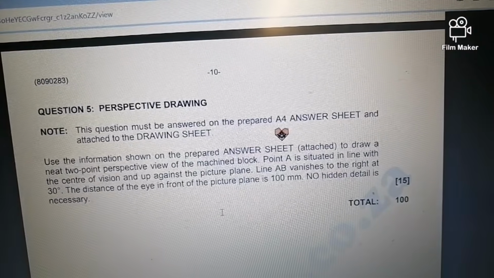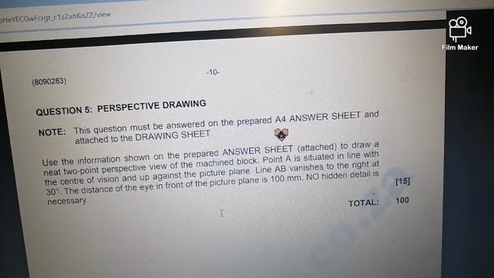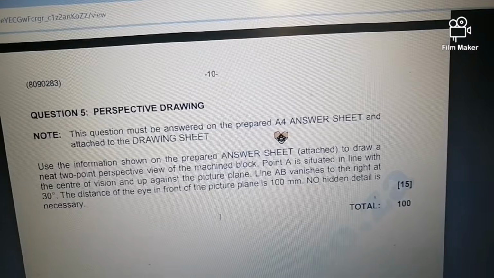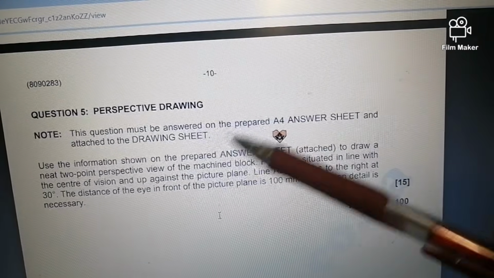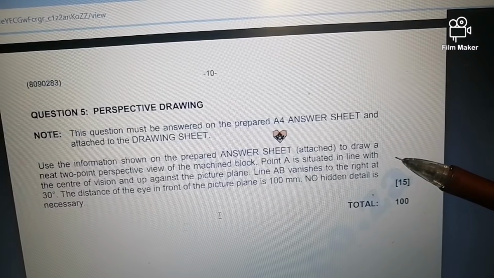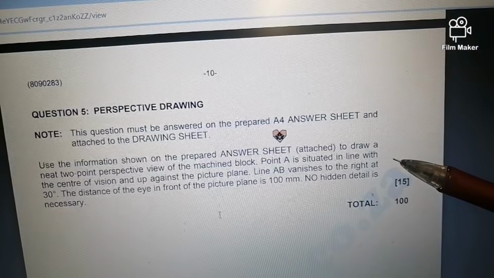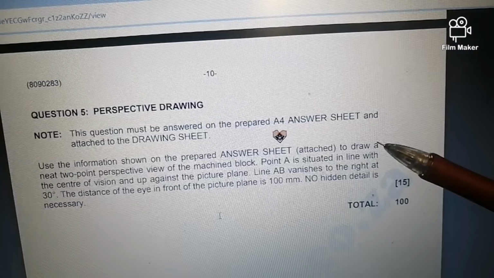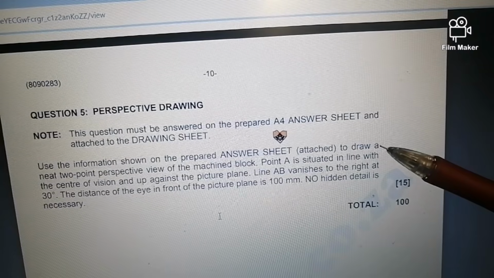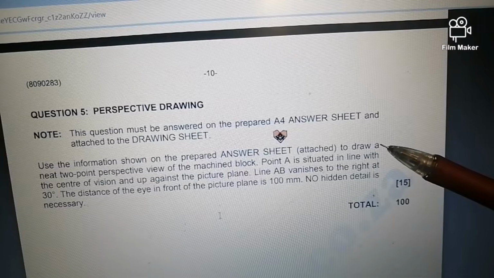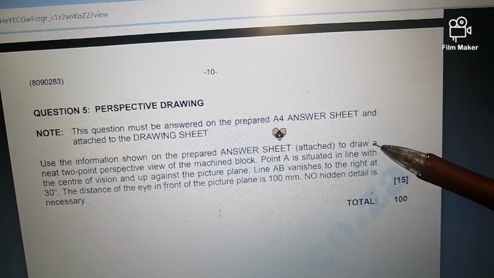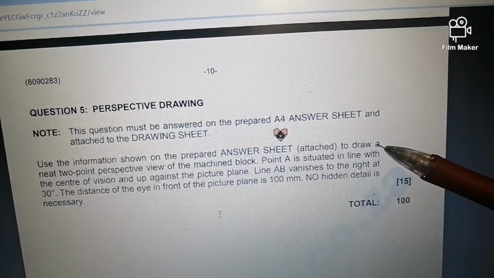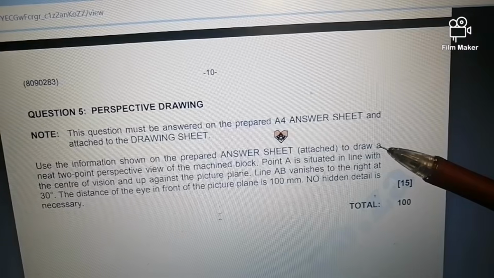This question must be answered on a prepared A4 answer sheet and attached to a drawing sheet when you are submitting. You understand? So that's what they were saying. Use the information shown on the prepared answer sheet attached to the question paper to draw a neat 2-point perspective view of a machine block. Point A is situated in line with the center vision and up against the picture plane.